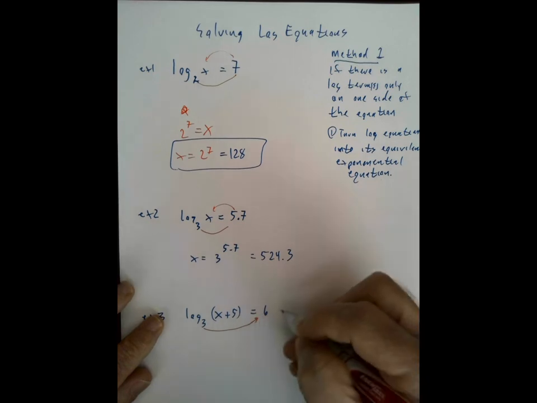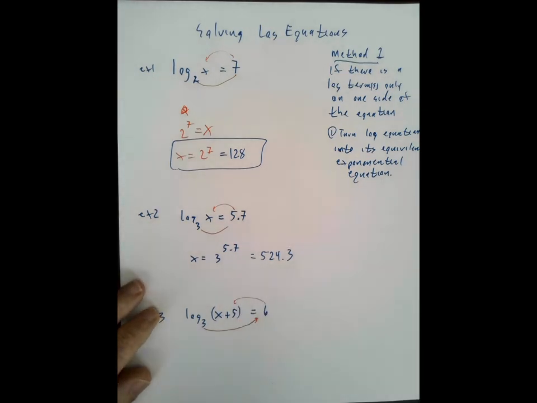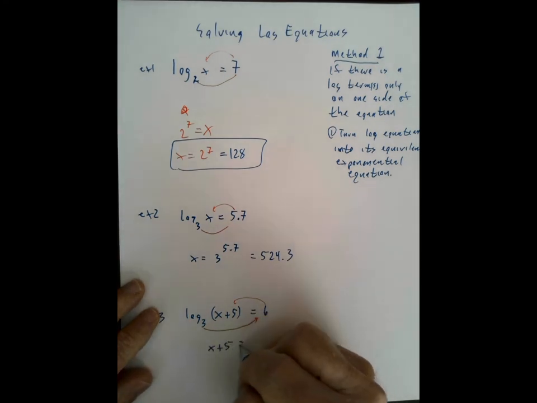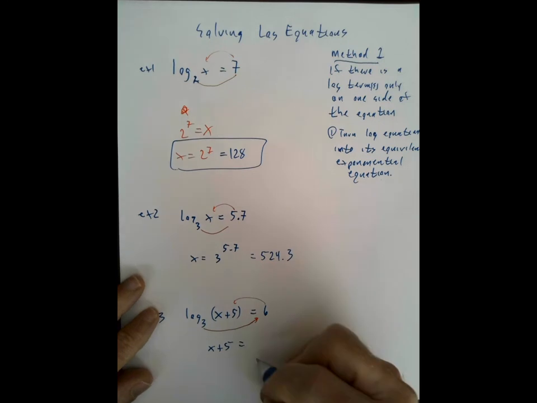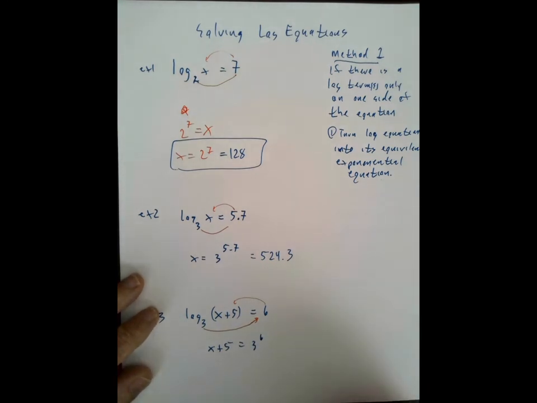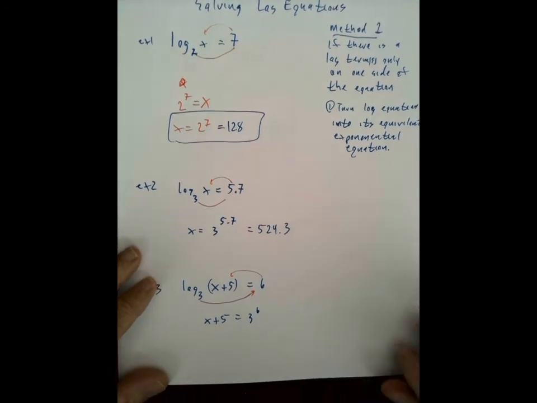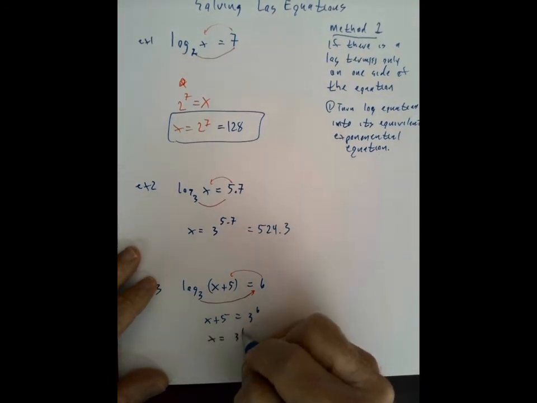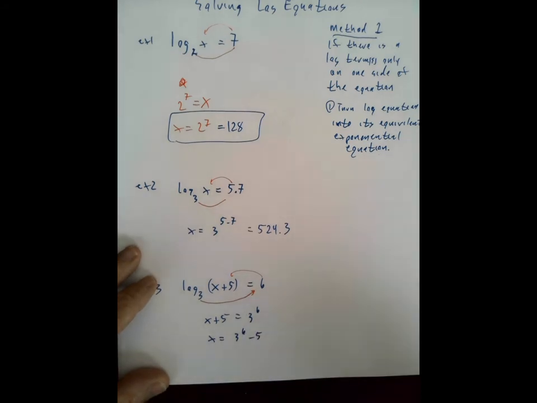3 to the 6th power has to be equal to x plus 5, right? So I'll write it with the x plus 5 first. X plus 5 is equal to 3 to the 6th power, right? And then to isolate the x, we simply subtract 5 from both sides. x is equal to 3 to the 6 minus 5.